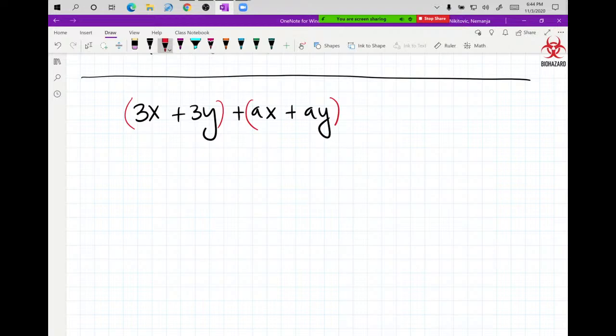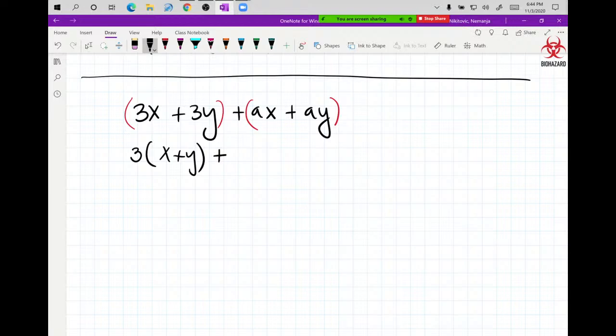Well, what can we kick out from the first parenthesis? No, it's just a 3. That's the common factor. So we just kick out a 3, and left over is x plus y.